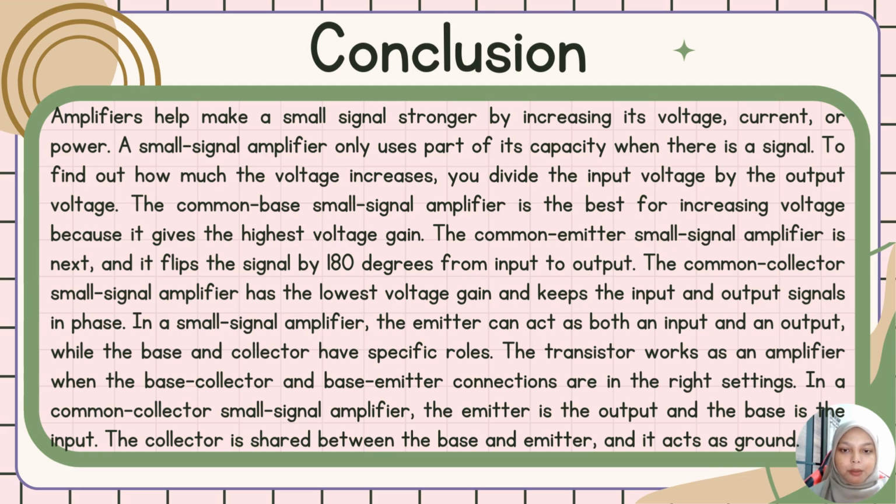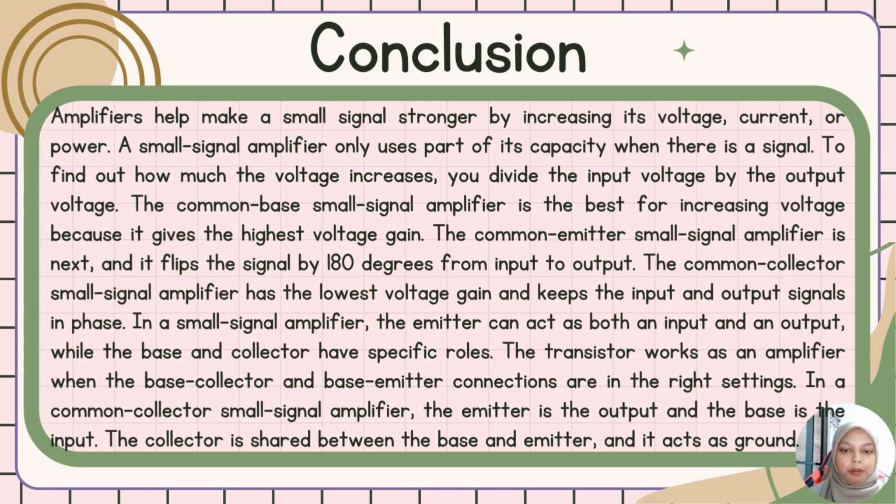The common base small signal amplifier is the best for increasing voltage because it gives the highest voltage gain. The common emitter small signal amplifier is next and it flips the signal by 180 degrees from input to output. The common collector small signal amplifier has the lowest voltage gain and keeps the input and output signal in phase.